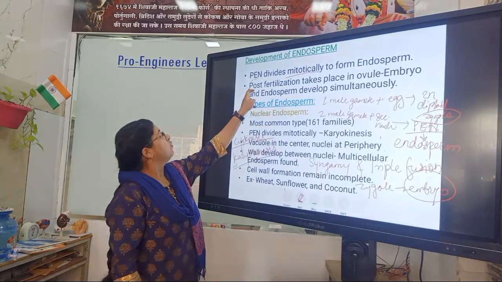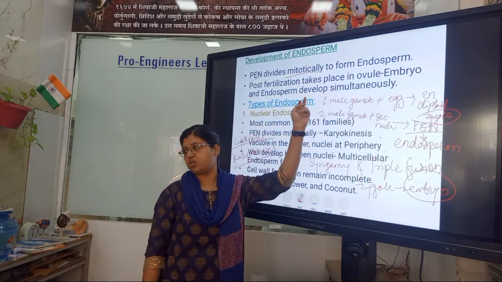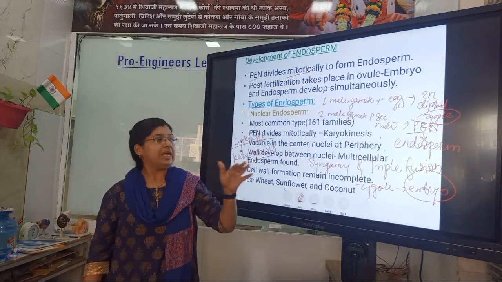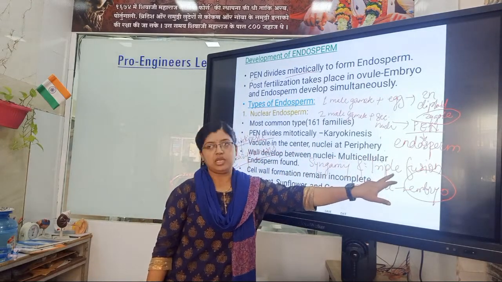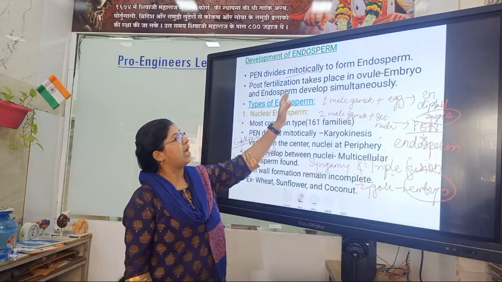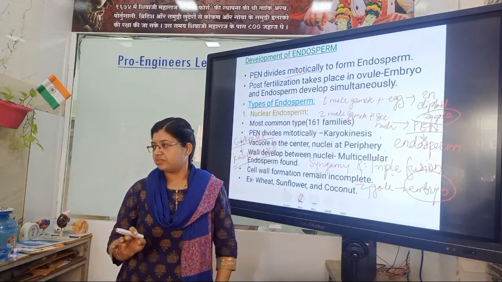Next, post fertilization takes place in the ovule. Post fertilization means after syngamy and after triple fusion. What happens? Embryo and endosperm develop. Right?